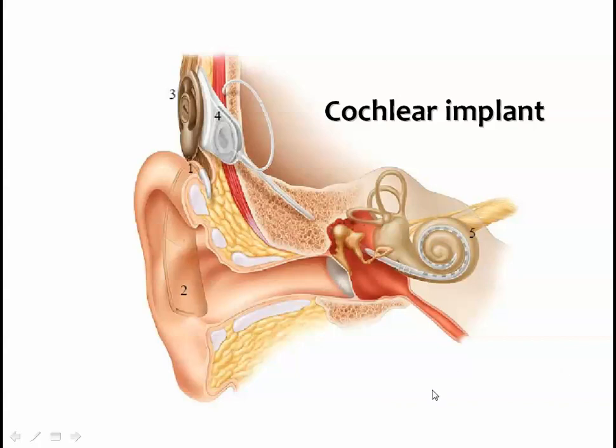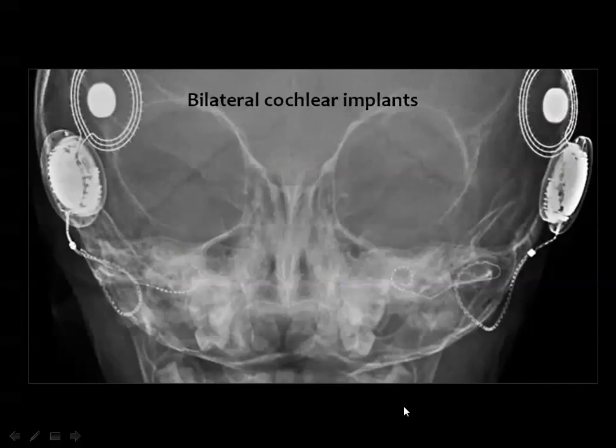You cannot perform the cochlear implant in absence or in cases of deformed cochlea. The cochlea should be intact so that you can introduce this electrode, as you can see here, which is connected to the external structure, and this electrode is pushed as deep as they can into the turns of the cochlea.